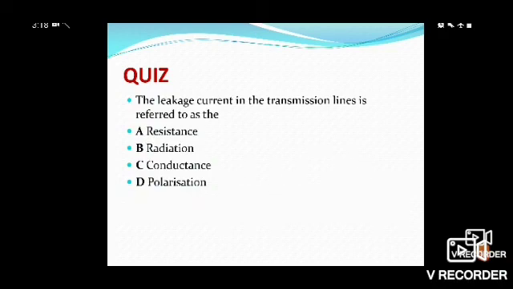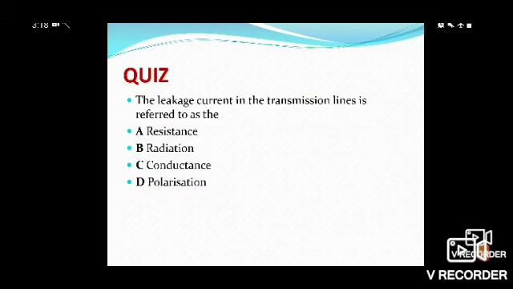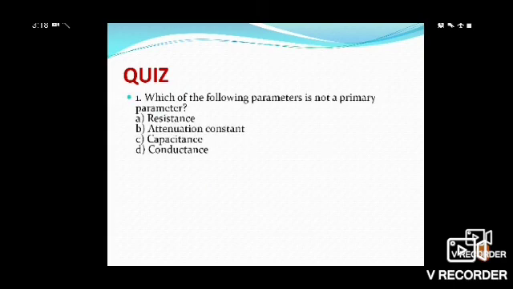So what is it called? The first one is resistance, the second one is radiation, the third one is conductance, and the fourth option is polarization. The answer is conductance. That is the correct answer. And next, which of the following parameters is not a primary parameter?